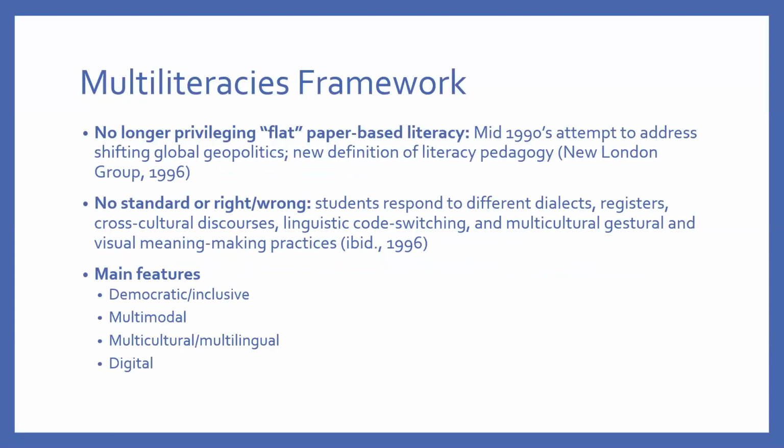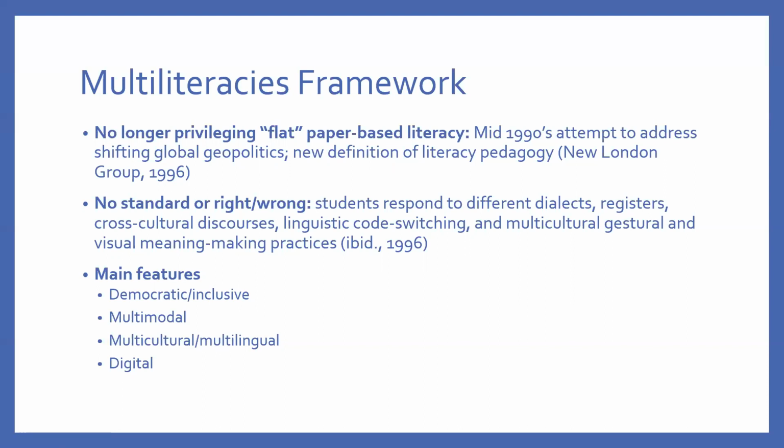So just to start out with, the multiliteracies framework is a framework that some of you may already be familiar with. Basically, multiliteracies came out of the technological revolution of the mid-1990s, when a group of literacy scholars came together to discuss how the old archaic notions of flat paper-based literacy may no longer really apply or be 100% accurate in the world that we were now living in.